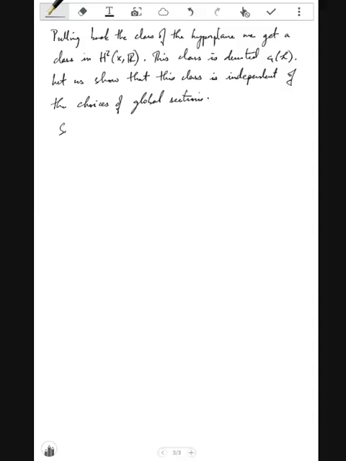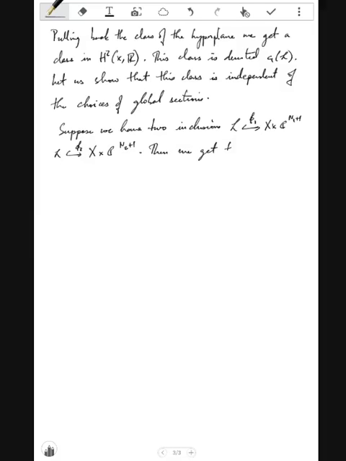Now suppose we have two inclusions, phi_1 into X cross C^{n_1+1} and phi_2 into X cross C^{n_2+1}. Then we get two maps, f_1 and f_2.